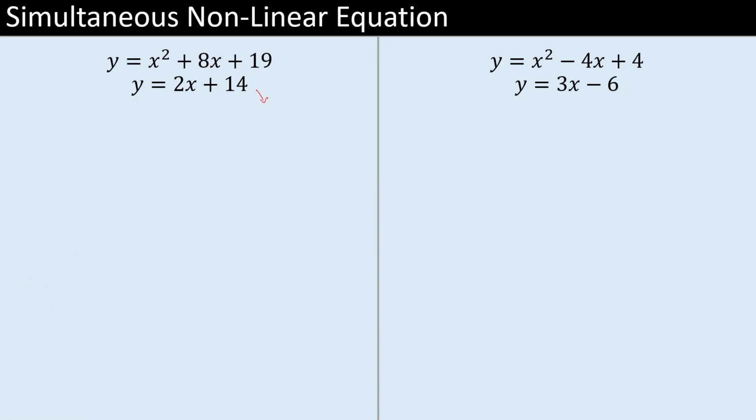If we took this bottom equation and multiplied it by x to make it so that I had x squareds in both equations, I wouldn't just have x squared, but I'd have yx equals 2x squared plus 14x. And in this equation, I'd be left with a yx which doesn't exist in this equation. So I can't use an elimination style method to work with these. I must use a substitution.